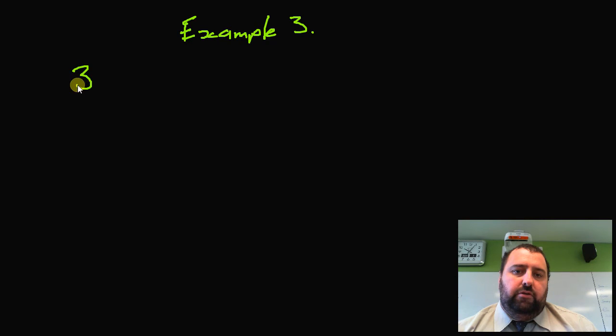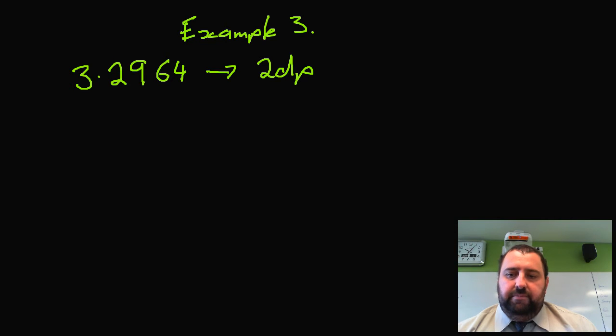So let's do 3.2964, and we're going to round this to 2dp. So our line goes after our second decimal place. Our critical digit here is a 6.